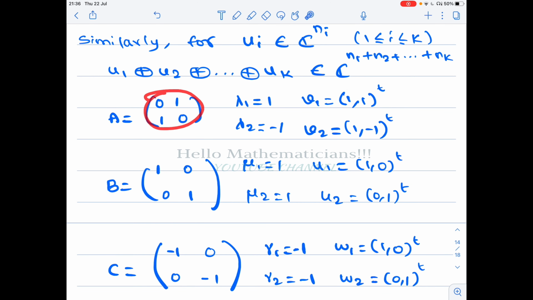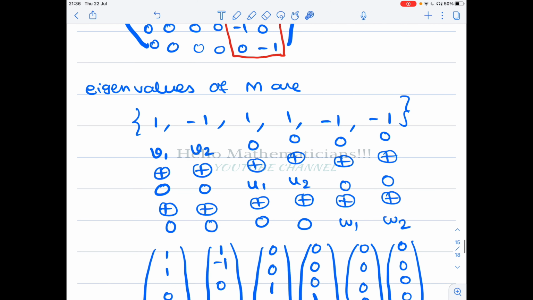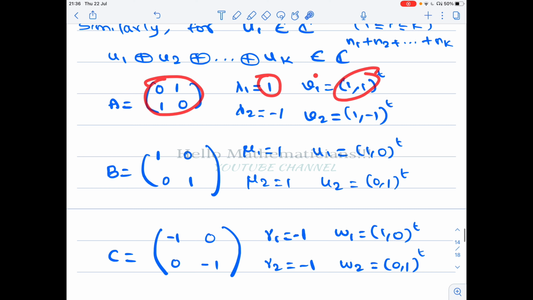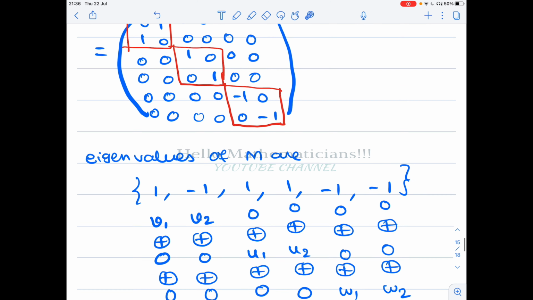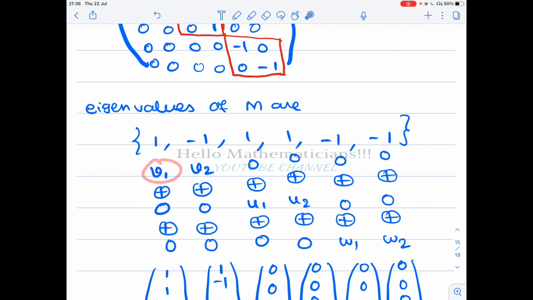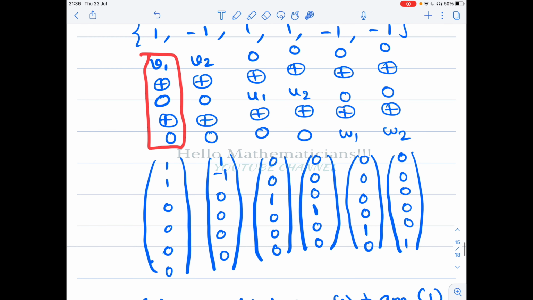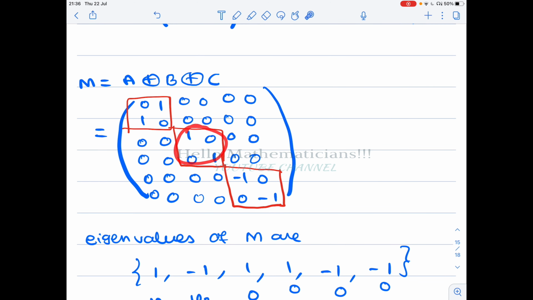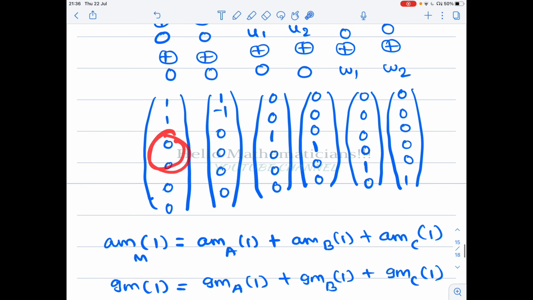I have denoted this vector by v1. So we take v1, then 0, then 0. I have written it vertically, so that means in the first two places you put v1, and in the next two places 0 0, because this is a 2 by 2 block.